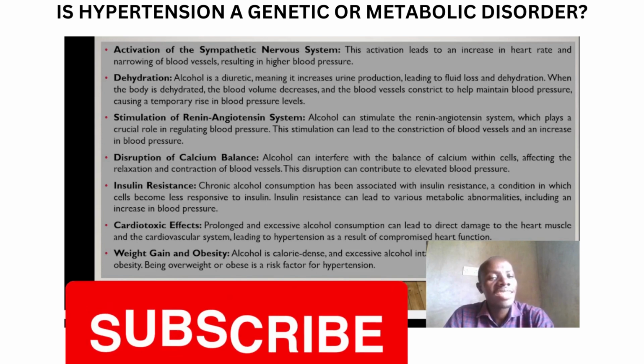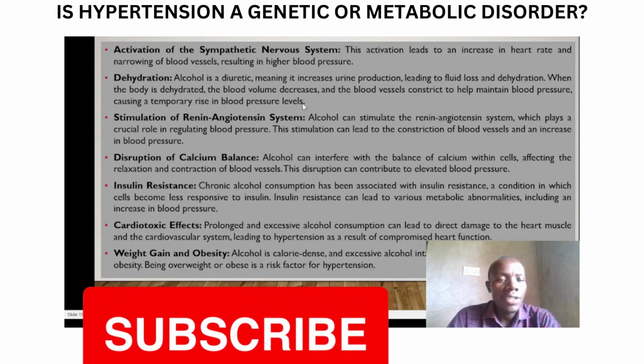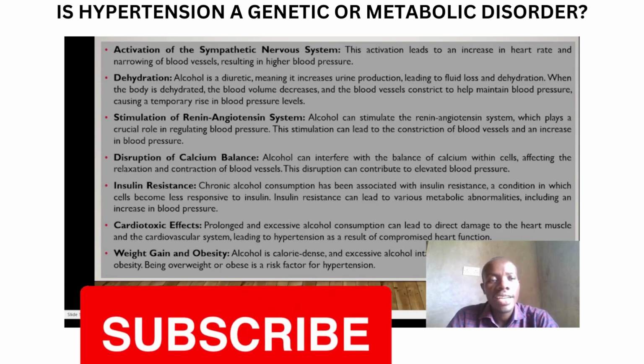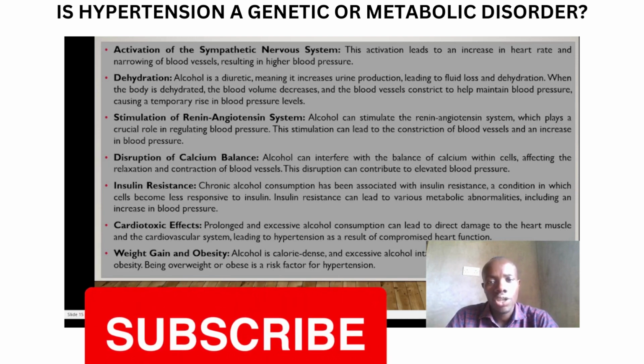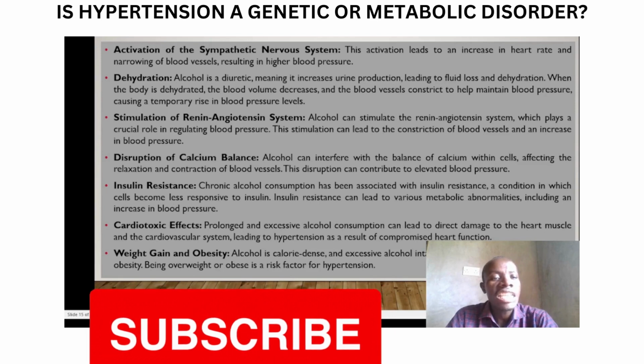So this normally results in a temporal rise in blood pressure levels. About stimulation of the RAS system. Alcohol stimulates the RAS system, and the RAS system contributes to blood pressure regulation. So this normally leads to constriction of blood vessels and increase in blood pressure.